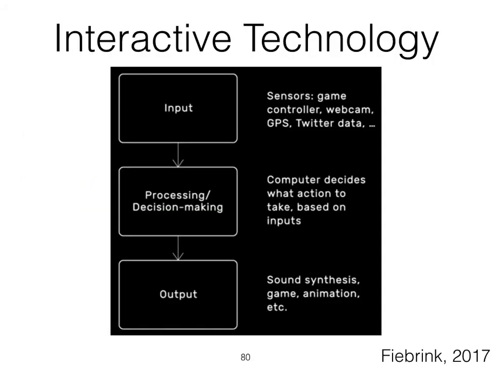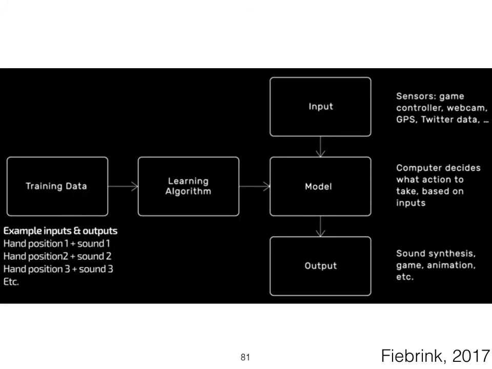But I still want to provide a little bit of framing around machine learning that can support the last part of this talk. In general, we can think of many interactive technologies as having this kind of block diagram. Some sort of sensors or a network provide input, which gets fed to some sort of algorithm, which then controls some sort of output or actuation system. We can think of the middle block in this diagram, the processing and decision-making block, as a function that maps from input to output and possibly maintains some state.